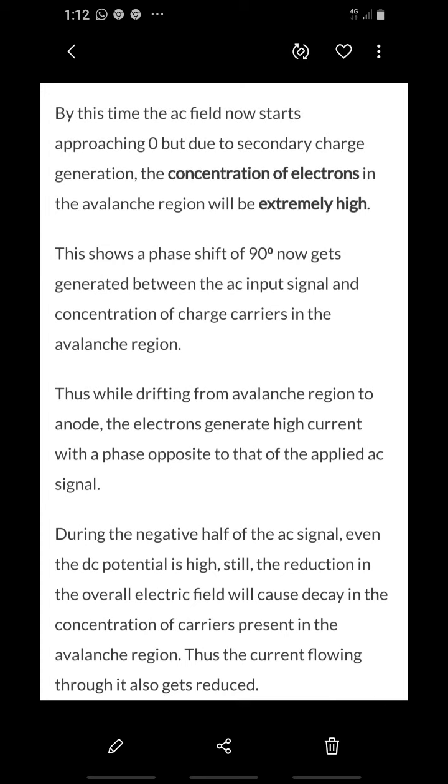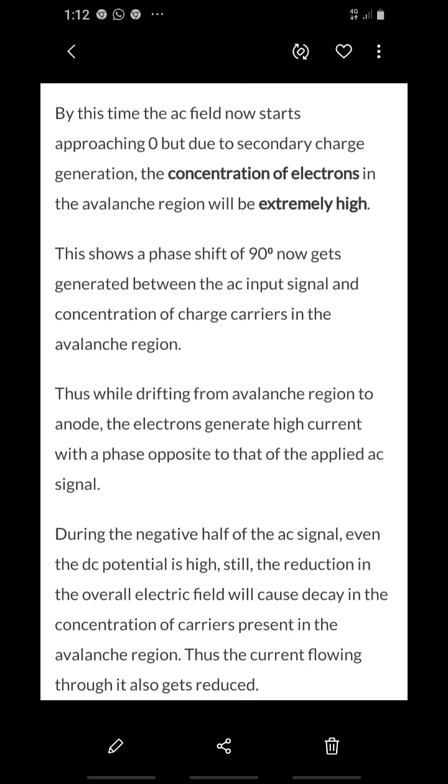But this time the AC field starts approaching zero, but due to second charge generation, the concentration of electrons in the avalanche region will be extremely high.